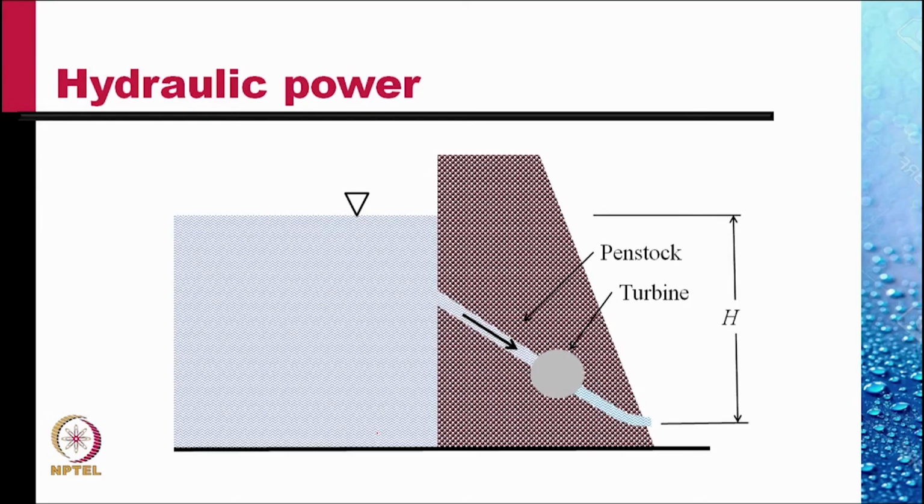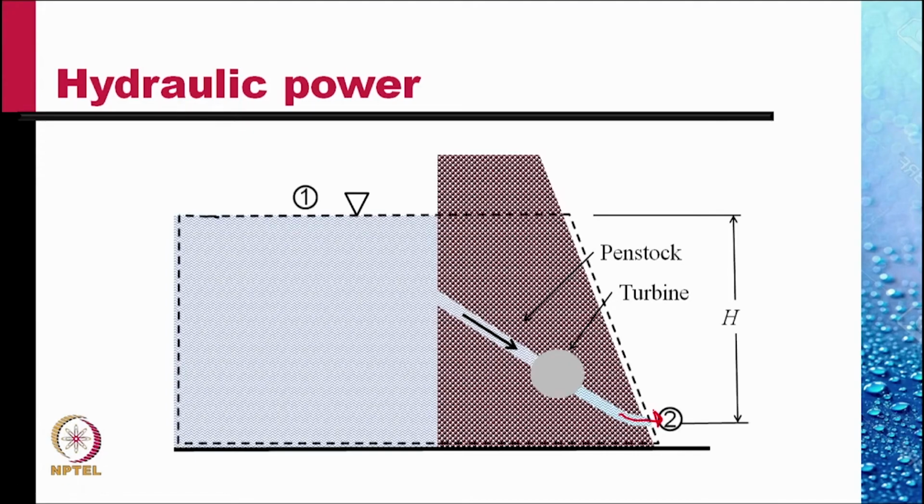It extracts energy from the water, and the resulting flow passes through the end of the penstock into atmosphere. Let's draw the total energy line and the hydraulic line for this.